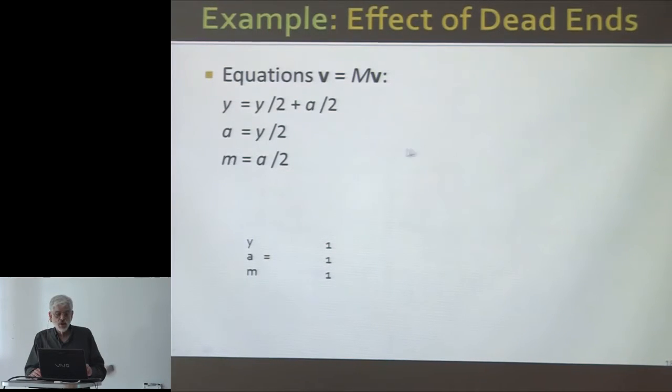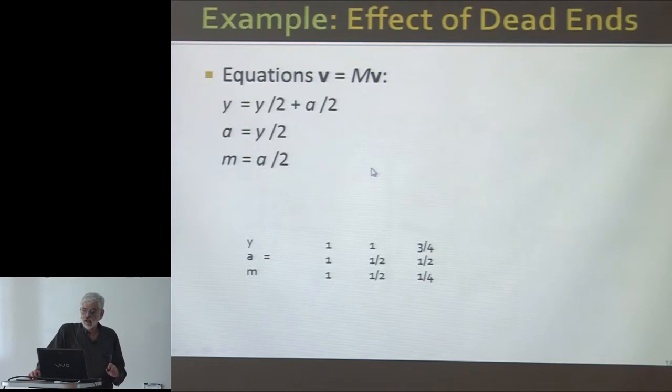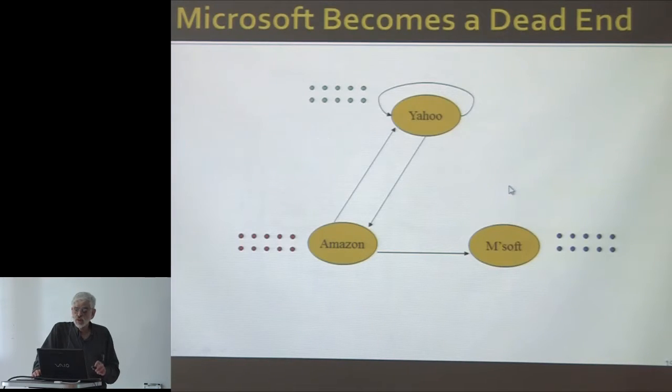Here are the equations, and I'll just show you how things go. The values get smaller and smaller, and eventually, if you let it go long enough, they become 0. Or another way to look at it is, in terms of the walkers, here are our initial walkers. Remember, the blue walkers aren't going to go anywhere.